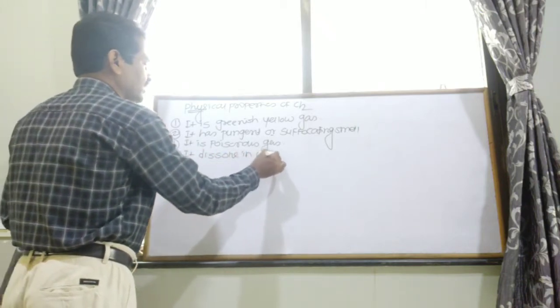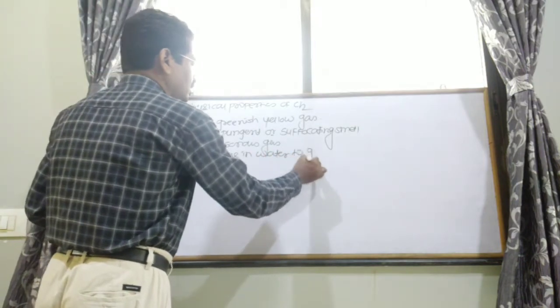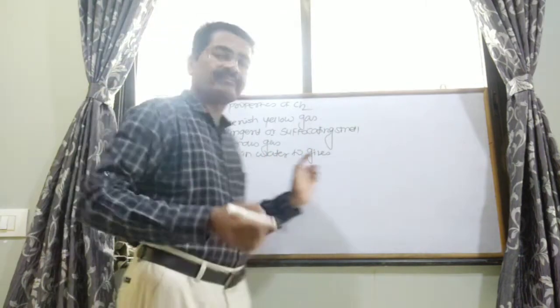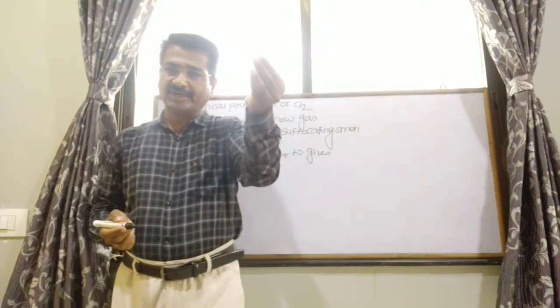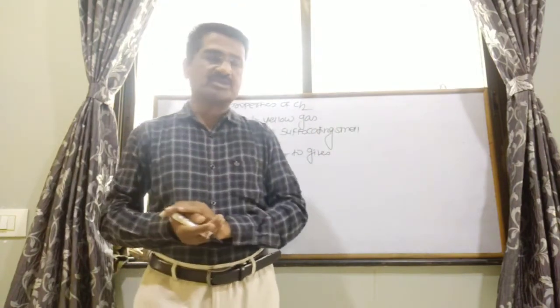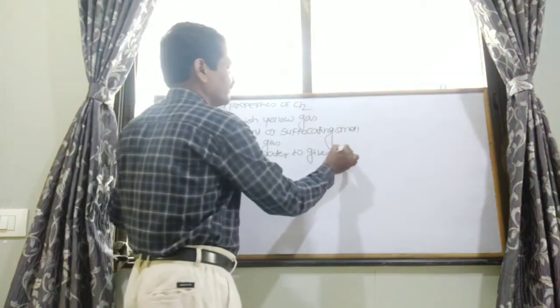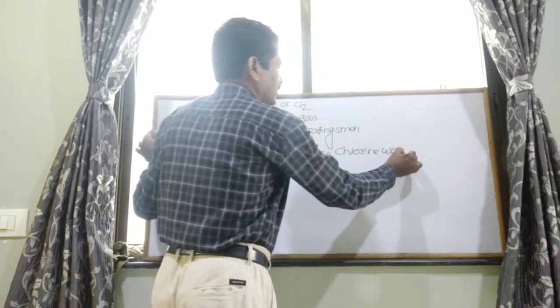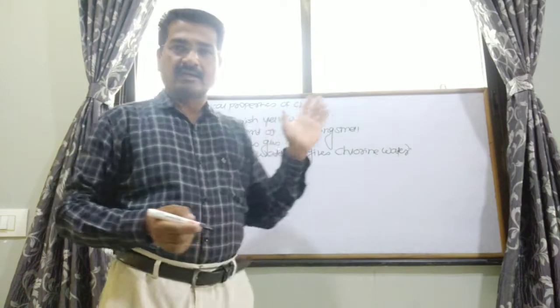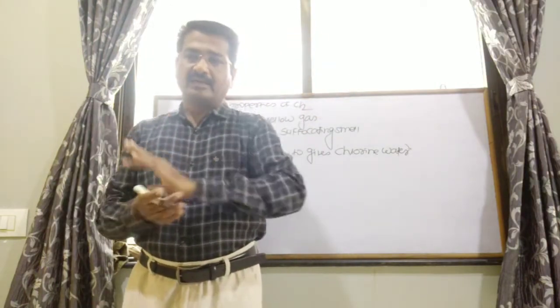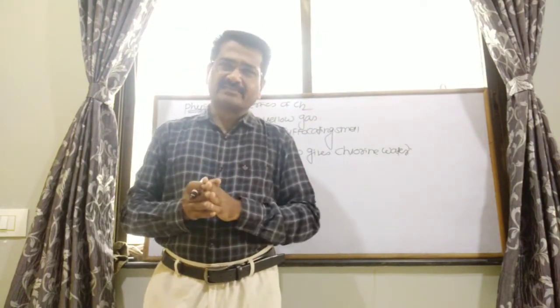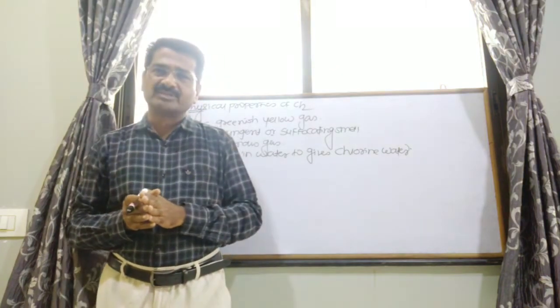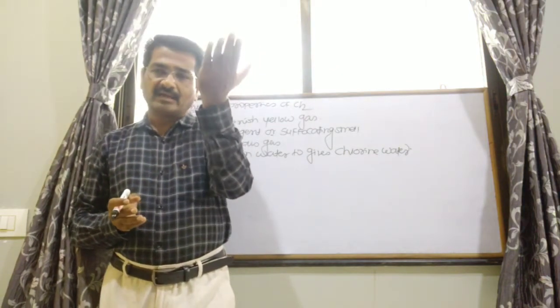Fourth, it dissolves in water. Whenever chlorine is dissolved in water it gives chlorine water. Then chlorine gas is 2.5 times heavier than air.